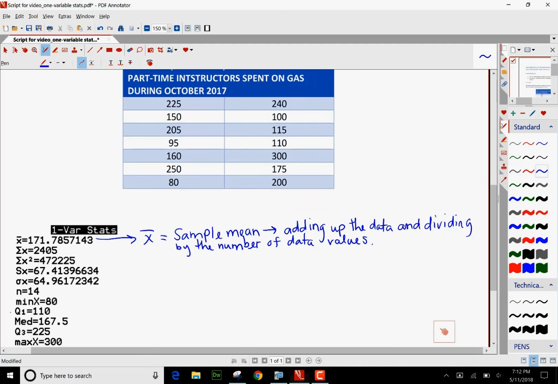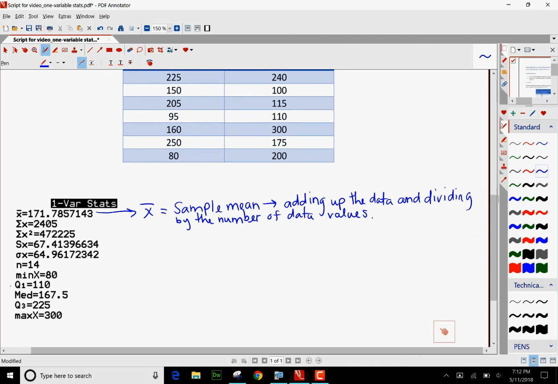Now, summation x squared is something we use in finding the variance or standard deviation, which measures spread. So mean, arithmetic mean, measures center of the data, and standard deviation and variation measure spread.